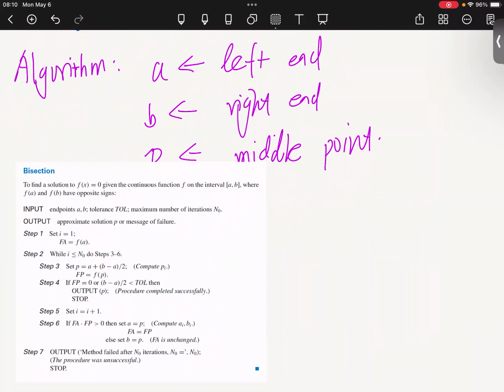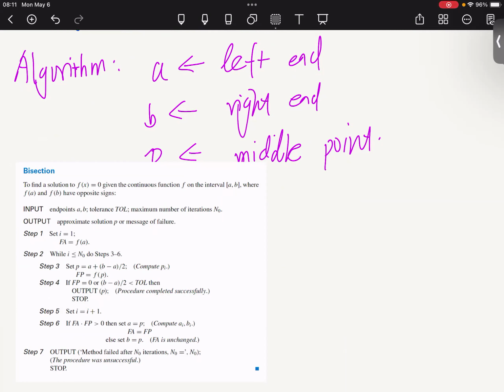This one, f(A)f(P), compares the sign of the value at the left endpoint and the middle point. Also, if the f function evaluated at the middle point equals 0, then we can stop here because P is automatically the solution of the function.